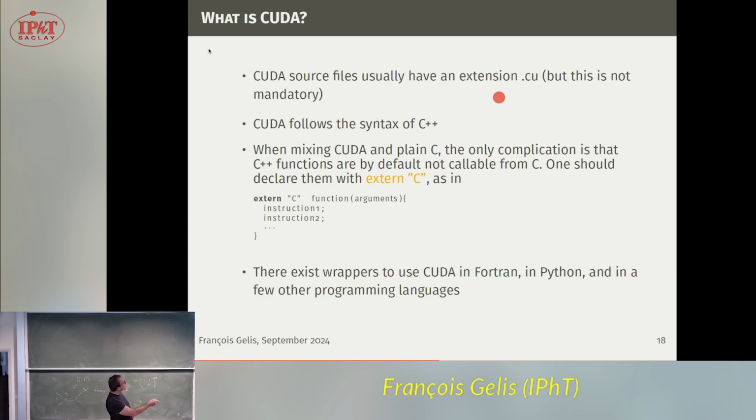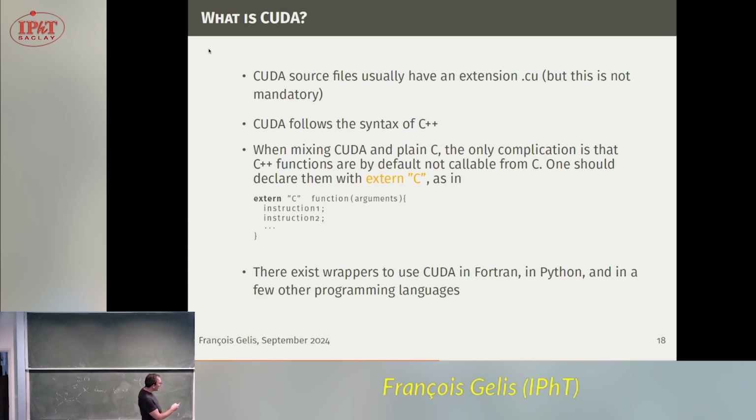But by always having the same extension for all the CUDA files, you can write a makefile that will automatically compile them in a single instruction, which is quite convenient. There is only one thing you have to pay attention to.